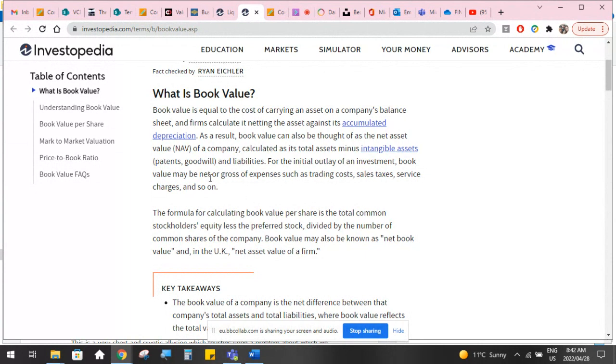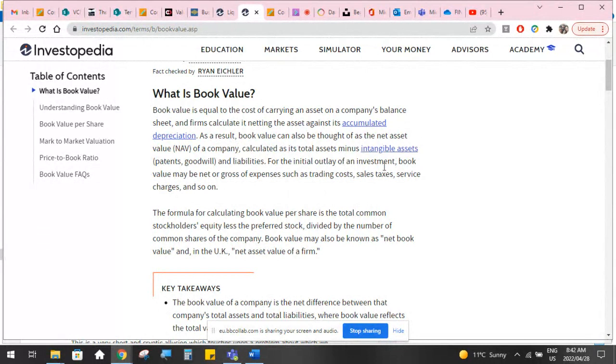Okay, so let's just have a quick look at that. What you've got in your textbook is very similar, and you've got an example 5.8 to go through, so you'll be able to easily understand that. So it calculates the net asset value against its accumulated depreciation. So that, again, is the carrying value of the asset, which means net of depreciation.